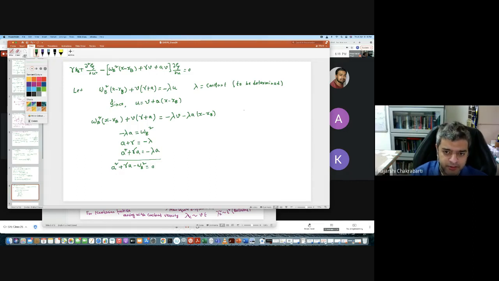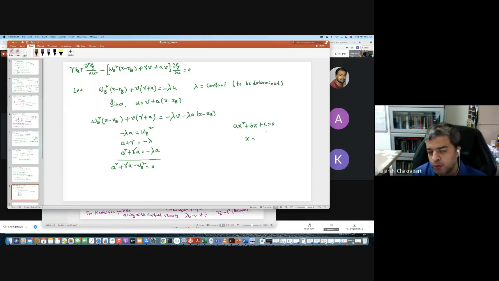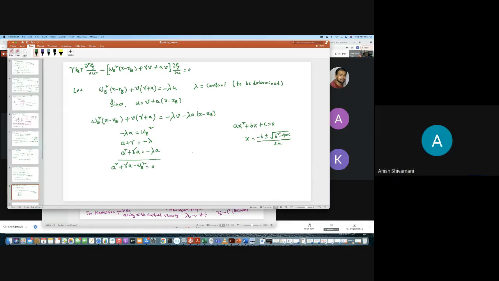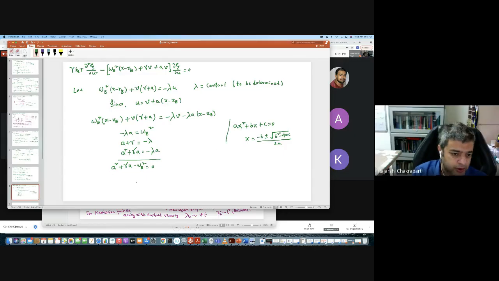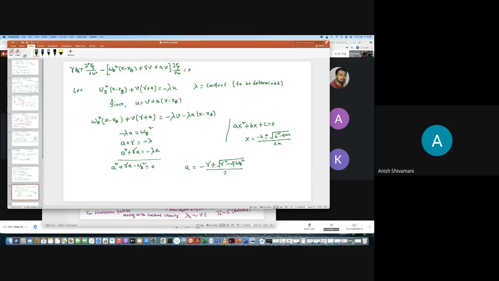Now you know how to solve this. You know that if I have ax square plus bx plus c equals 0, then what is x? X has two roots and they are minus b plus minus root over b square minus 4ac by 2a. All of you know. This a and this b are different, of course. Yes. So this is a side note. So now you just look at it, and then you find a is minus gamma plus minus root over gamma square minus 4 omega b square, sorry, by 2.